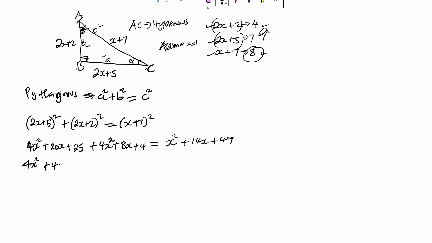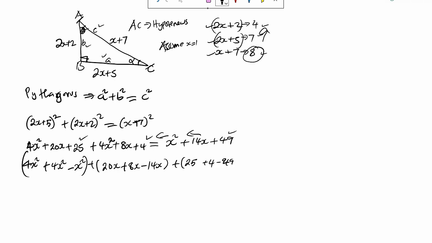So we add 4x squared, and then I bring x squared, subtract x squared, and we shall add 20x plus 8x, and then 14x crosses the equal sign, becomes negative 14x, and then we pick 25, 4 and 49 and collect them together. We shall have 25 plus 4 minus 49, and this one equals to 0.